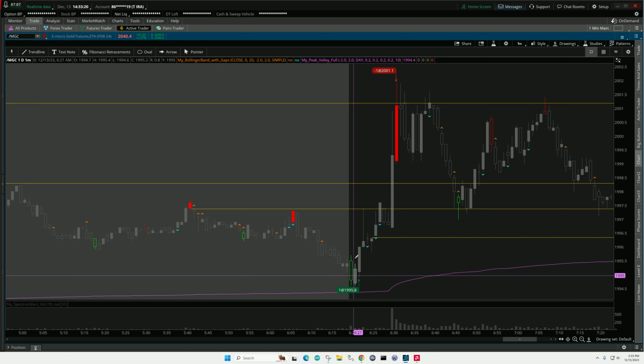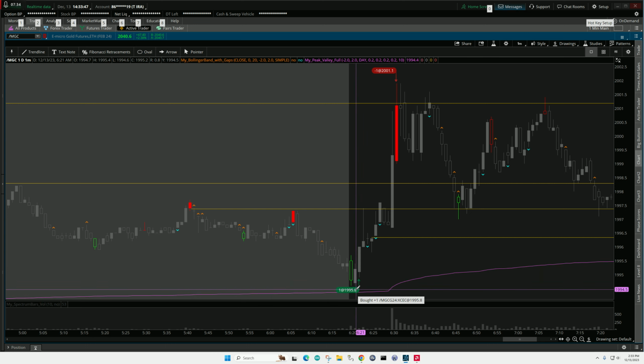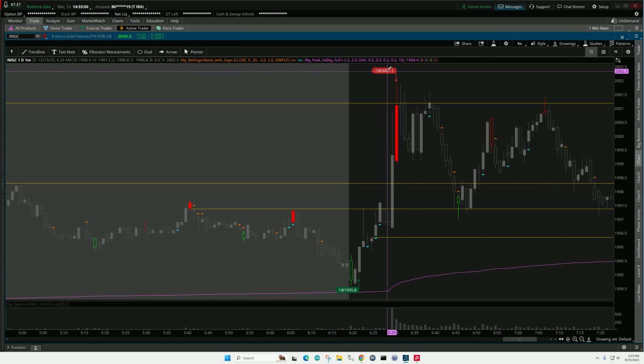Stop one tick below this green candle, the signal candle. And the target was the gap at 2001.2. Because I'm only trading a single contract on gold, I put in my target one tick below that, just in case price went up to, but didn't pass through, the actual gap. So as you can see, entry and the stop is down here, and then the exit, limit order.